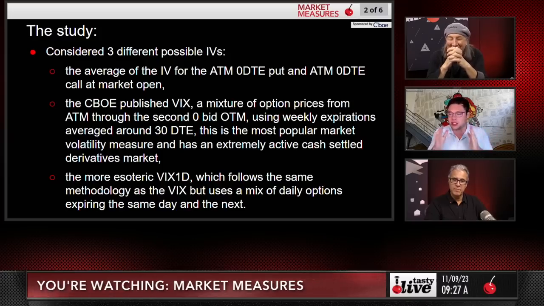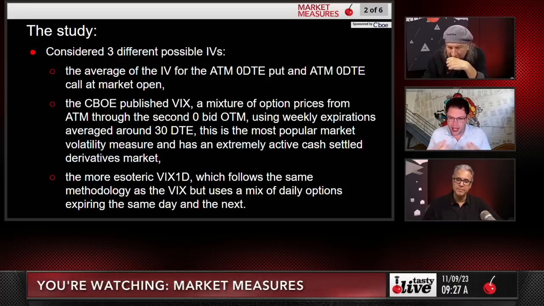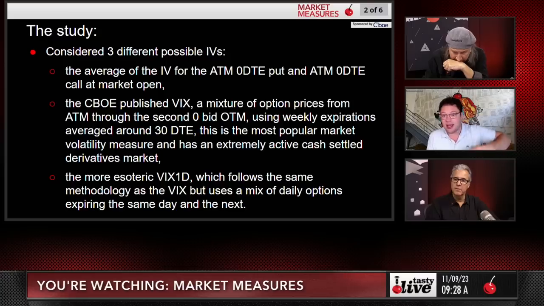So this piece talks about the different metrics of implied volatility we have, right? And the thing is, we have more and more as more people trade options, different durations. We just had the one-day VIX come out, right? Since we have SPX options every day, now there is an implied volatility basically for each day.